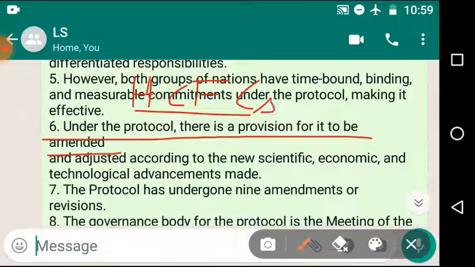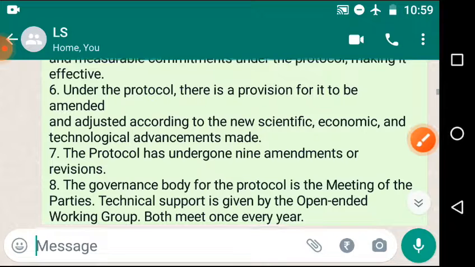Because this gas is not causing ozone depletion, but rather it is causing what? Global warming.